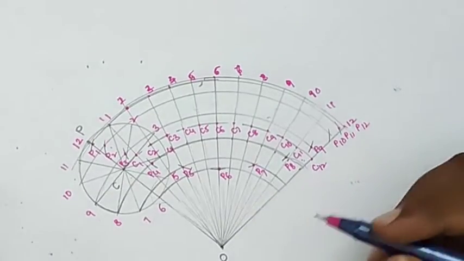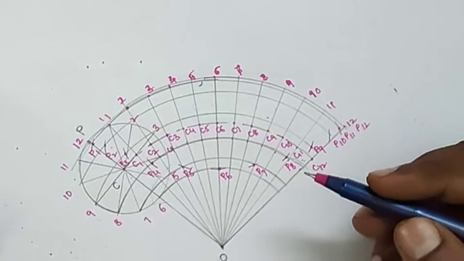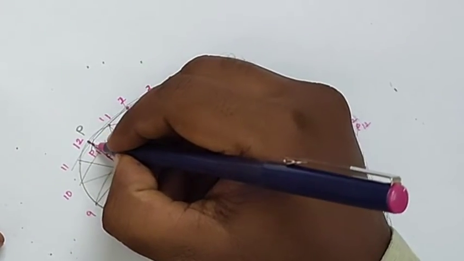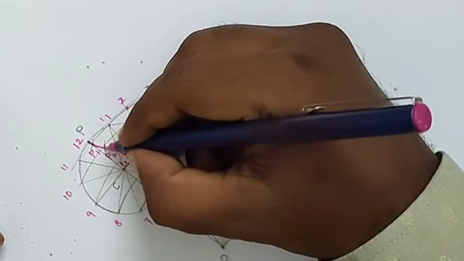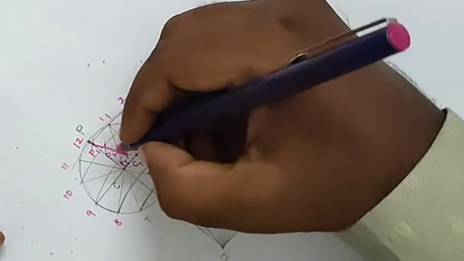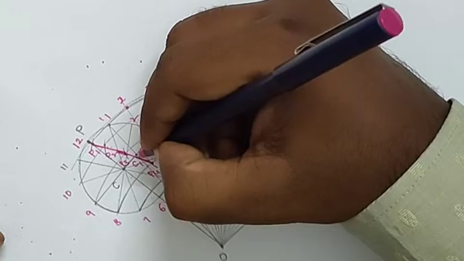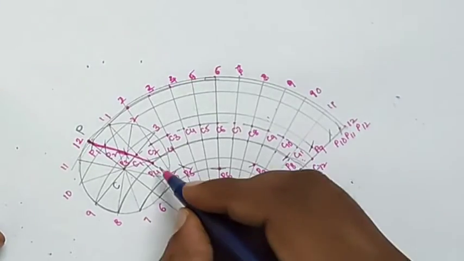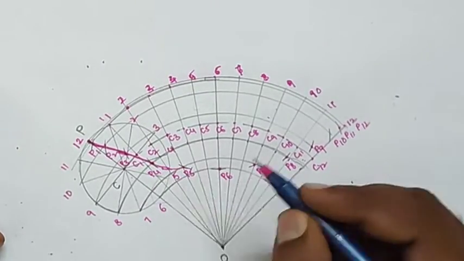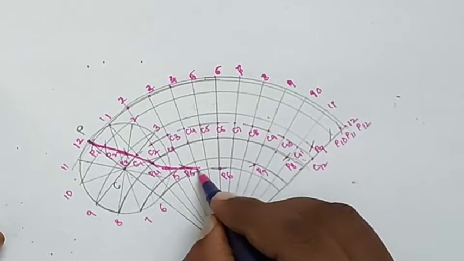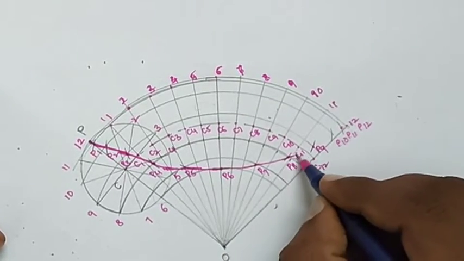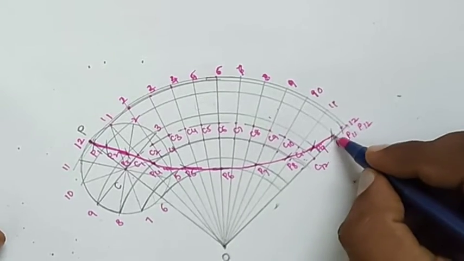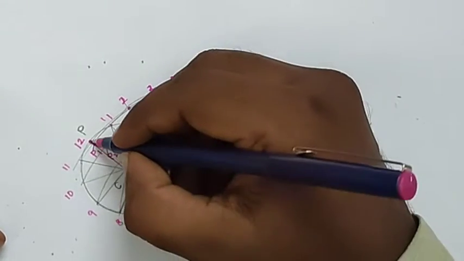Now we will join all the points through the fixed point 12. Joining 12 P1. We will join all the points. We will obtain a hypocycloidal curve like that.